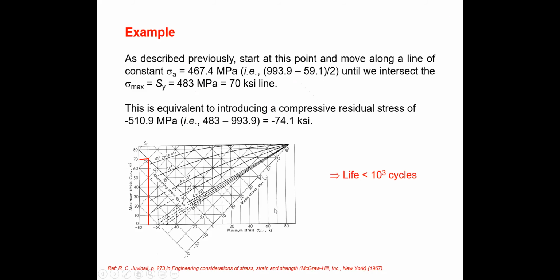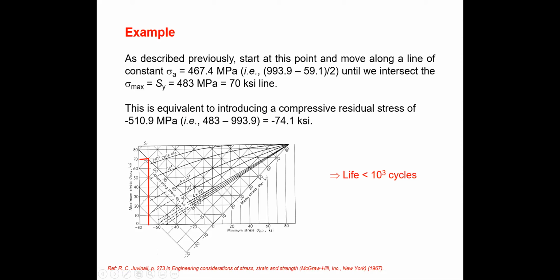So let's see what happens to the number of cycles to fail. If we use this kind of stress pattern, after converting to ksi, the maximum stress is 70 and the minimum stress is minus 74, somewhere here.